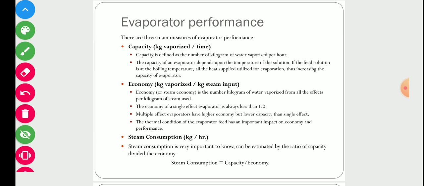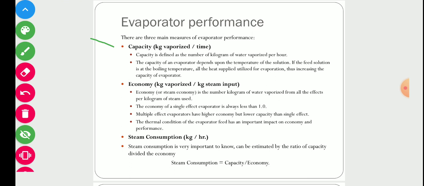First of all, the capacity of an evaporator. This is defined as the number of kilograms of water vaporized per hour. The capacity of an evaporator depends on the temperature of the solution. If the feed solution is at its boiling temperature, all the heat supplied is utilized for evaporation, thus increasing the capacity of the evaporator.